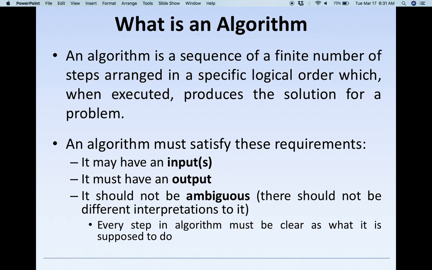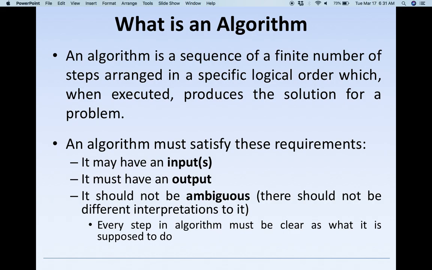Any program, as I said, is a set of commands that tell the program what to do. This sequence of commands, the way you state it sequentially, one statement after the other, how you want the flow to go, is called an algorithm. So let's read the definition. It's a sequence of a finite number of steps arranged in a specific logical order, which when executed produces the solution of your problem.